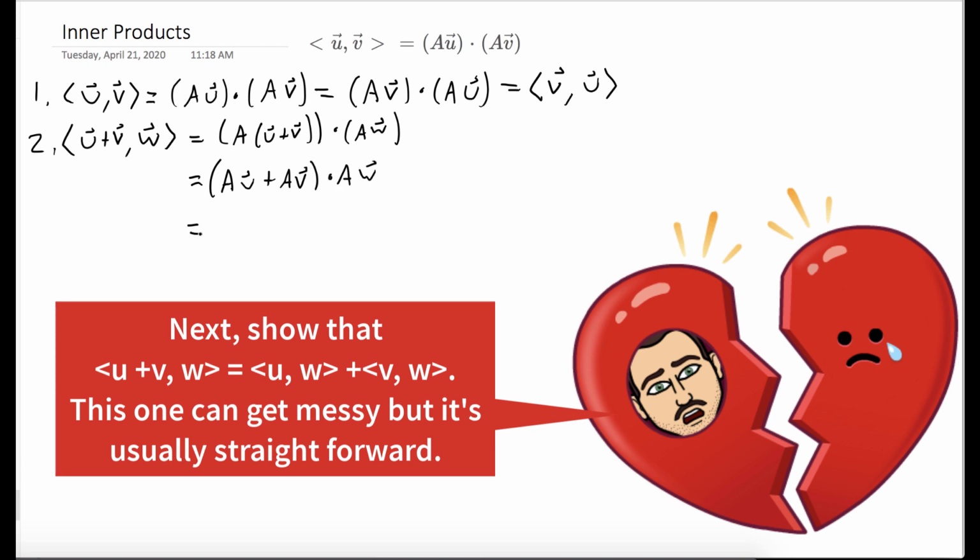And one of the properties of the dot product is we could distribute it. So that's Au dotted with Aw plus Av dotted with Aw. Well, this is exactly u times w plus v times w. So condition 2 holds.